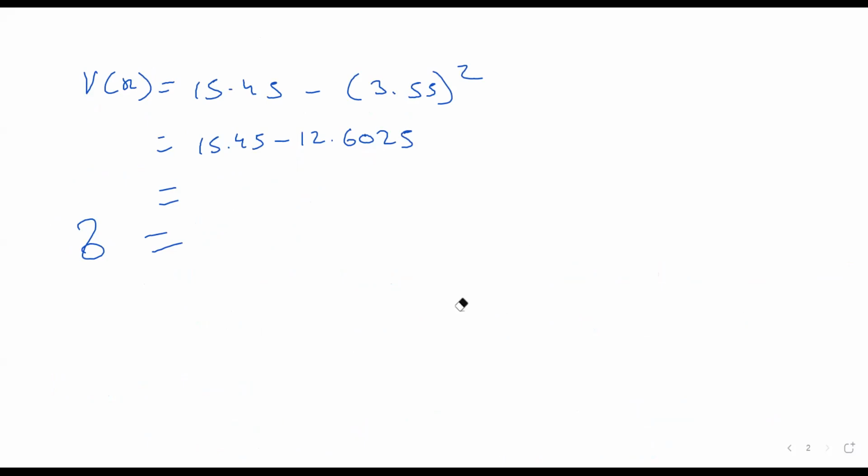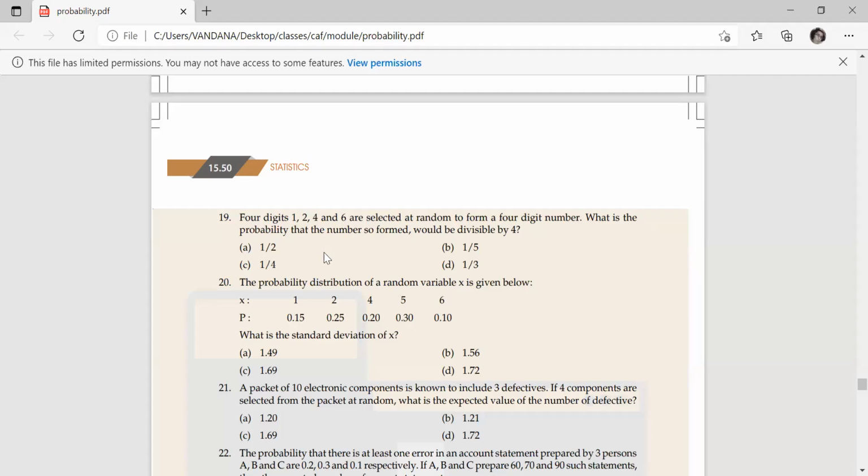Minus 12.6025, it is 1.6875, that is 1.69. Yes, 1.69 is your answer. Sorry, because of writing that 25 by mistake, everything had gone wrong. Now this is your answer.